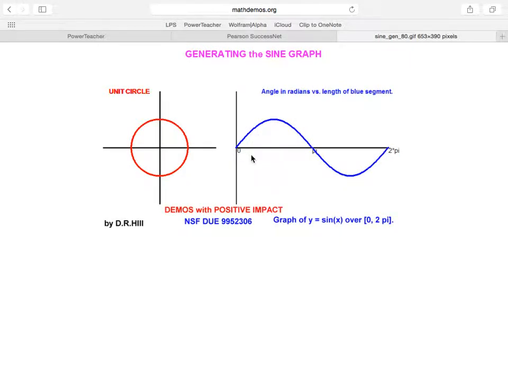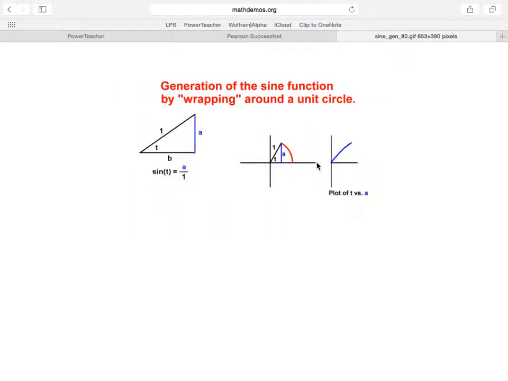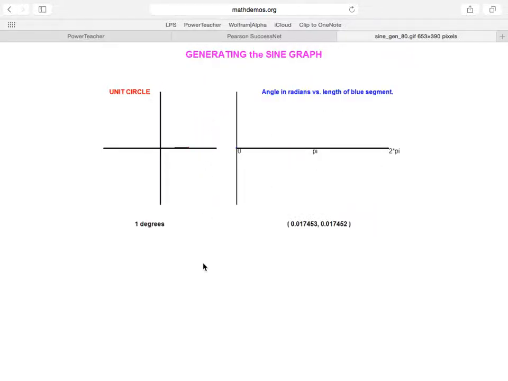So that is reflecting the graph of it. The graph of the sine function is kind of like the height. Let's look at it one more time. It gets longer and longer so that the graph gets higher and higher. When it gets to the top, which is 90 degrees, the height starts getting shorter and shorter.